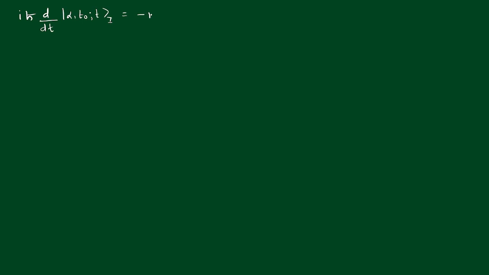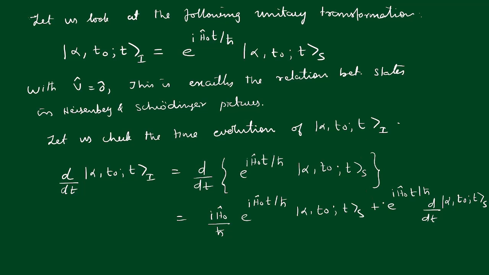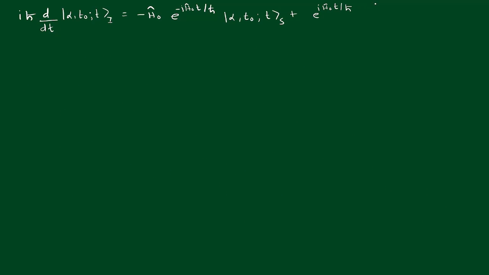So that is minus H0 hat, and e raised to minus i H0 hat t divided by h cross, times alpha t0 t in the Schrodinger picture, plus e raised to i H0 t by h cross times i h cross d by dt of alpha t0 t in the Schrodinger picture. Is this okay?